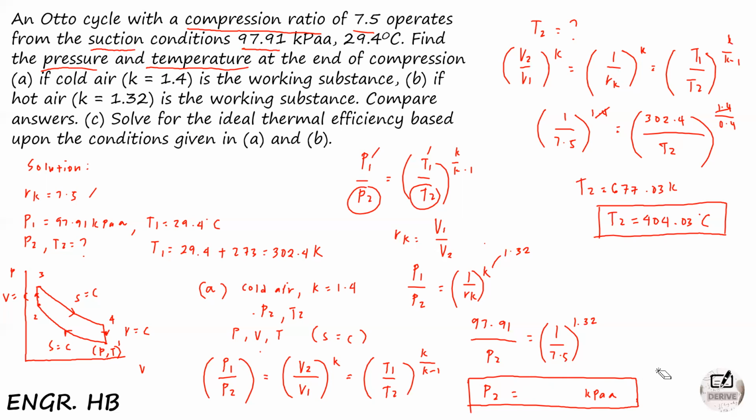Okay, so 1 over 7.5 raise mo sa 1.32. So that was 97.91 divided, so the answer is 1399.3 kilopascals absolute. Pero ang sagot sa book ay 1.4 sakto.